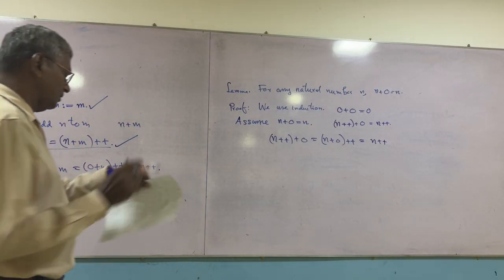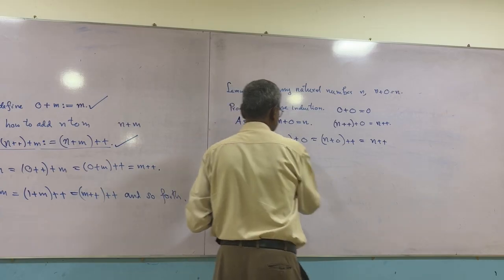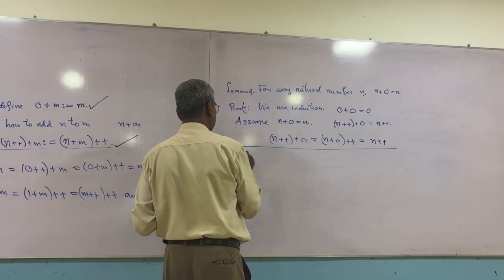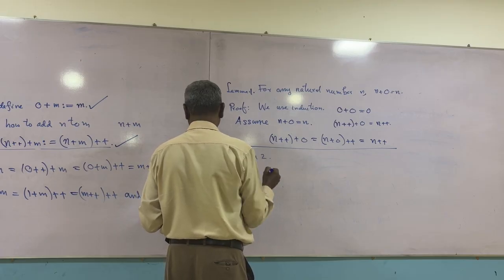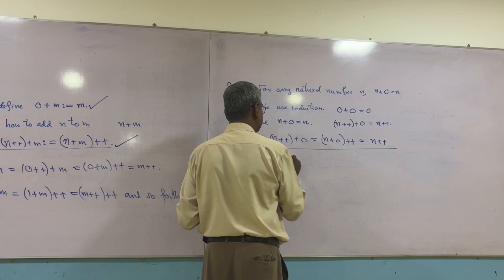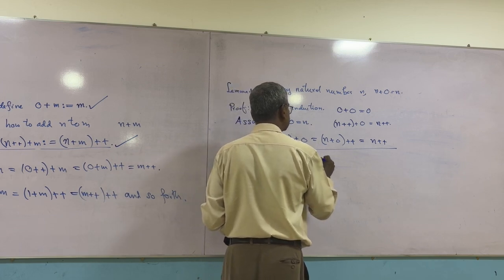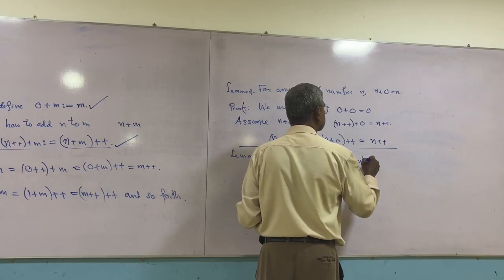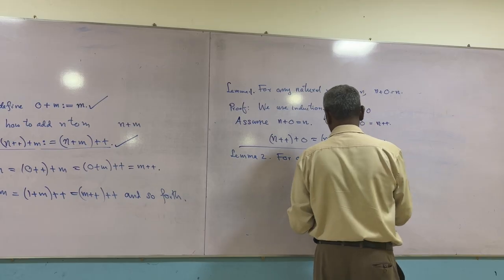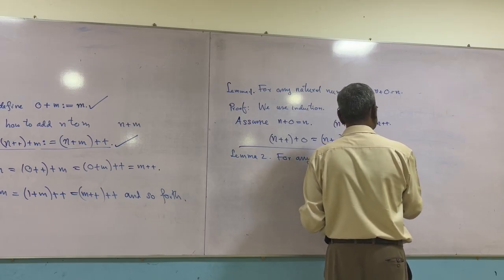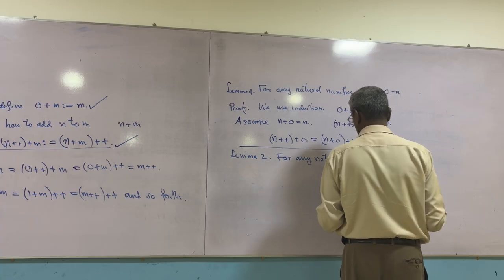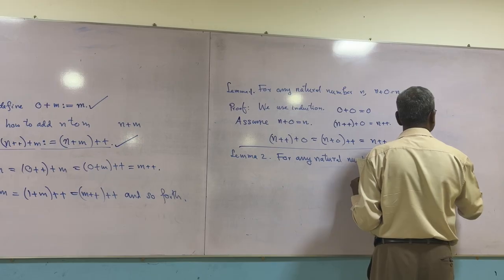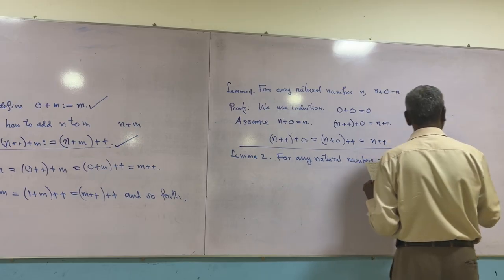Now let's do one more. Lemma 2, this is lemma 1. Lemma 2, for any natural numbers n and m, n plus m plus plus equals n plus m plus plus.